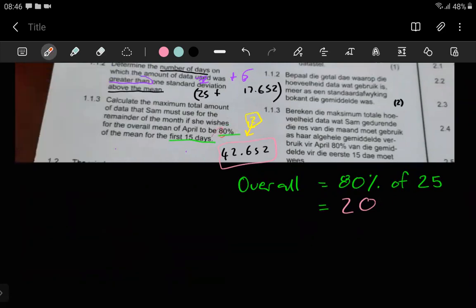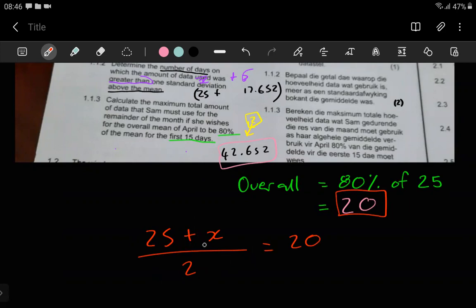So what we know is, everything should give us an overall average of 20. So you can think to yourself, 25 plus x divided by 2 is equal to 20.